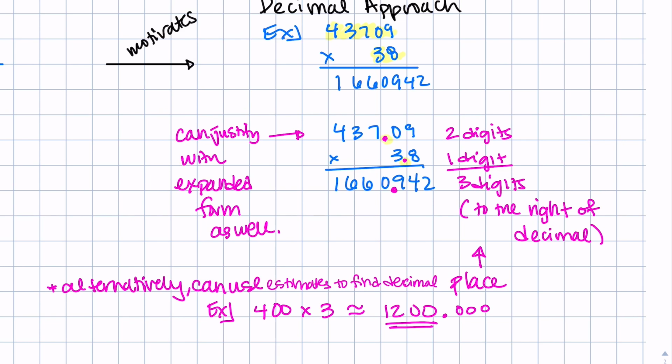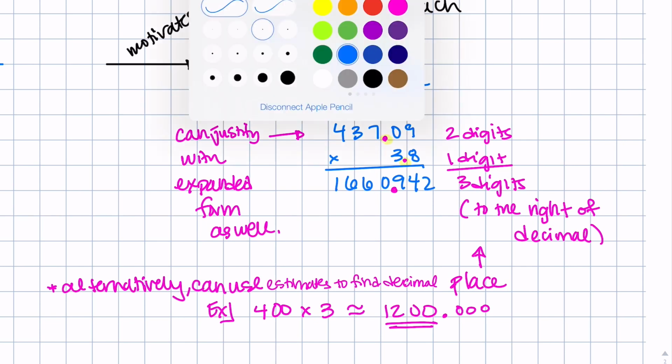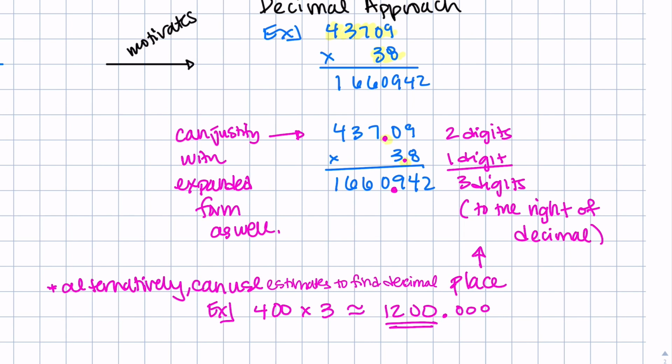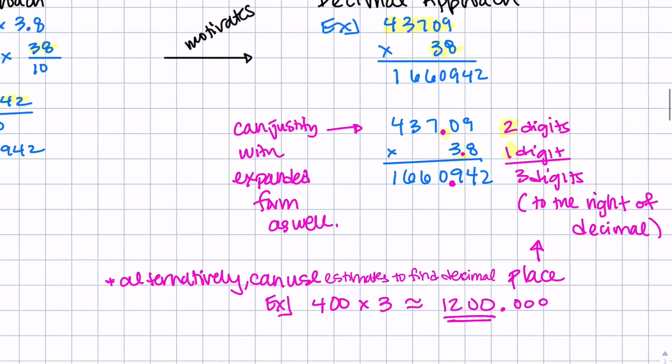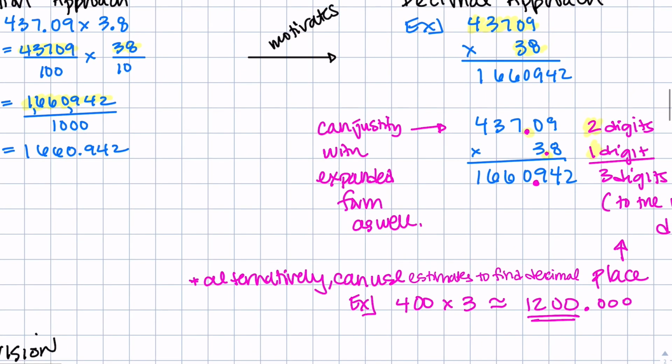And what I do is I look at my decimals here. I see that there are 3 decimals to the right. So I add up the two digits to the right and the 1 digit to the right, and I should have 3 digits to the right. And what that corresponds to is multiplying these two denominators.